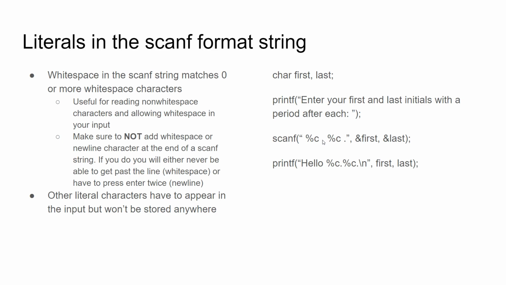Then they have to enter 0 or more white space characters, followed by a period, followed by 0 or more white space characters, followed by a letter, followed by 0 or more white space characters, followed by another period. And if it doesn't match that, the scanf statement won't be happy. Does that make sense? So scanf is looking for exactly that.